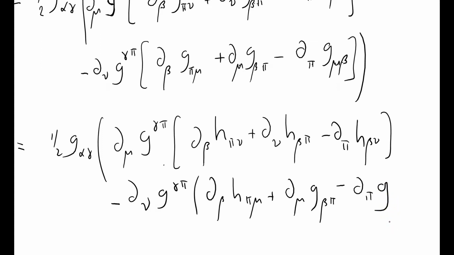I'm doing it one step at a time and I'm still getting it wrong. H, it's this term here, mu beta.